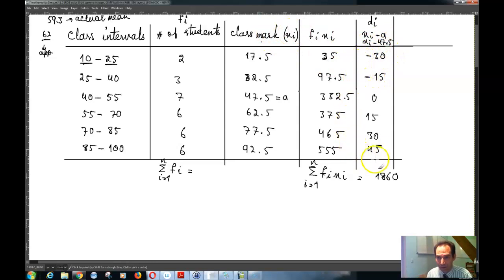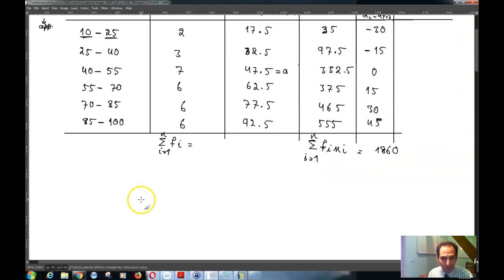The formula that we had for x bar is equal to sigma f of i times x of i as i goes from 1 to n, over sigma f of i as i goes from 1 to n, right?